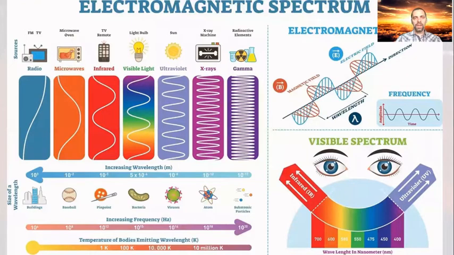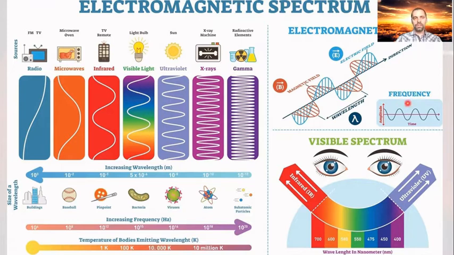The electromagnetic spectrum is a range of all types of electromagnetic radiation based on the wavelength. Wavelength is the distance between the bumps of the waves. The frequency, which is also an important feature of the waves, is the number of occurrences of a repeating event per unit of time. Actually, how many ups and downs are happening in 1 minute.